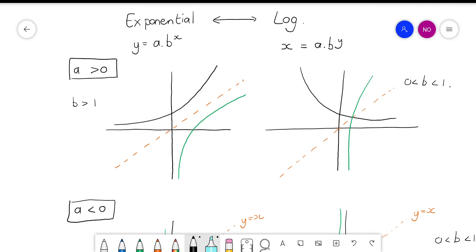So they're still being reflected in the line y is equal to x. Everything else still counts. Okay.